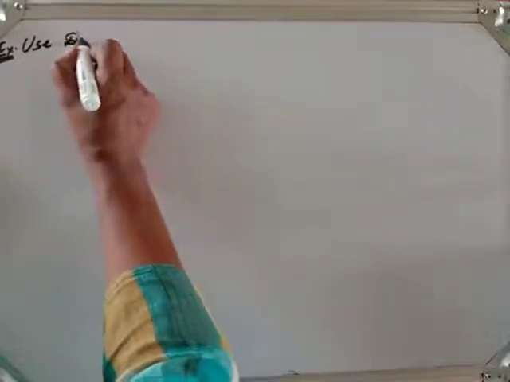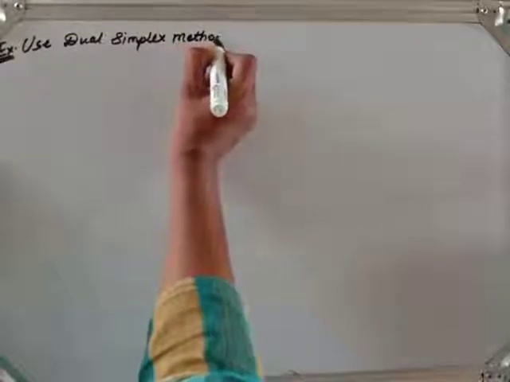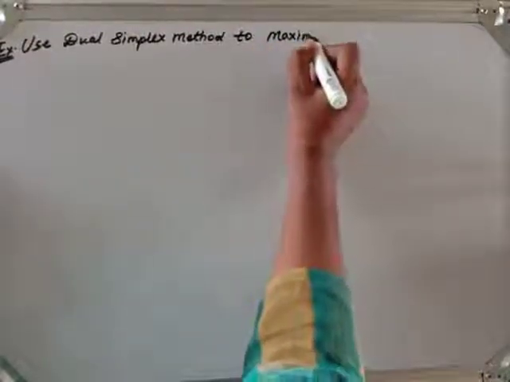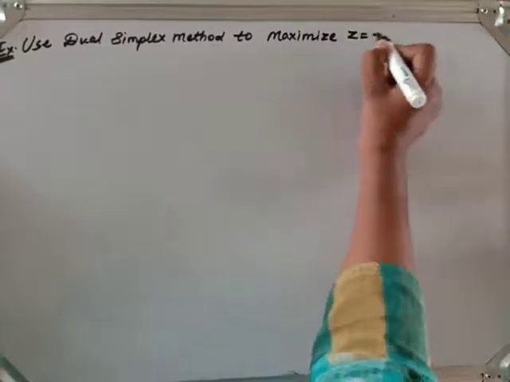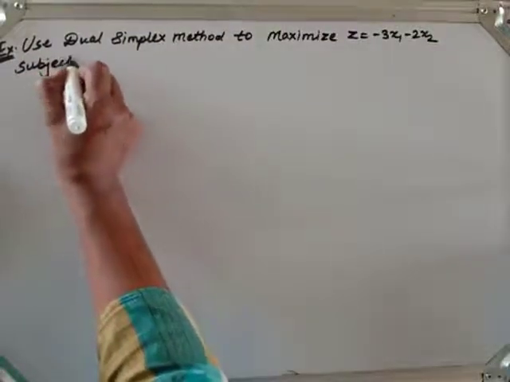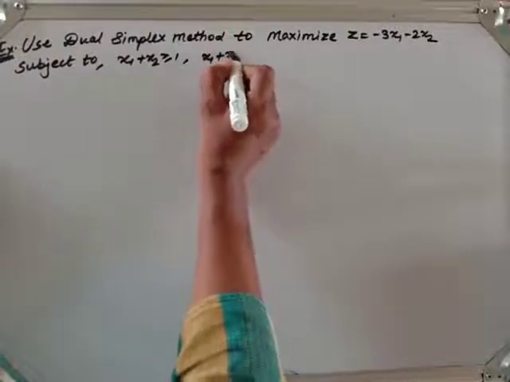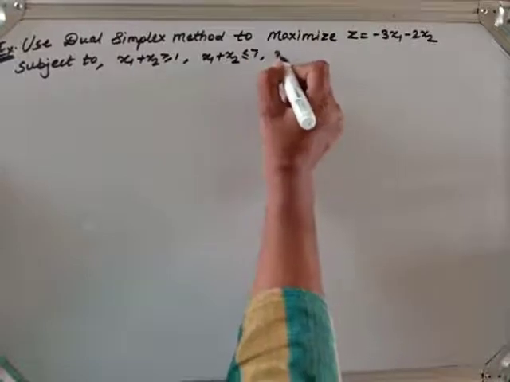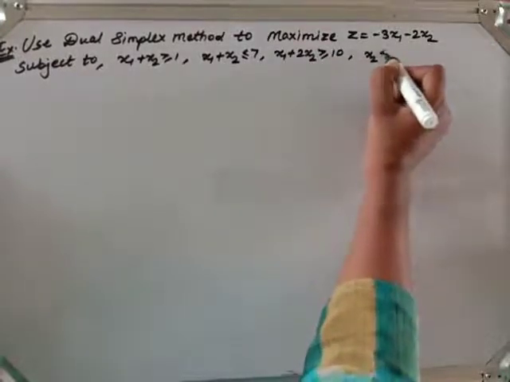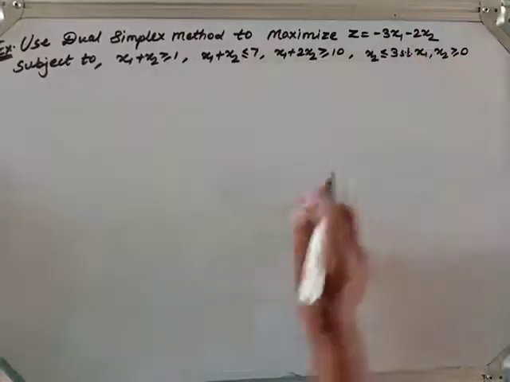Use dual simplex method to maximize z equal to minus 3x1 minus 2x2 subject to x1 plus x2 greater equal 1, x1 plus x2 less equal 7, x1 plus 2x2 greater equal 10, x2 less equal 3, such that x1, x2 greater equal 0.